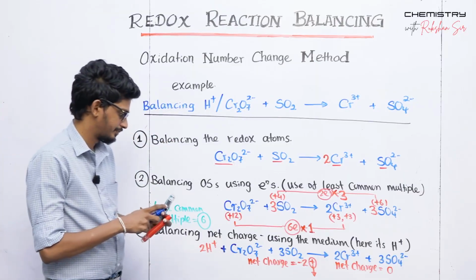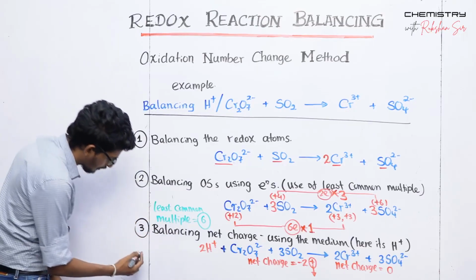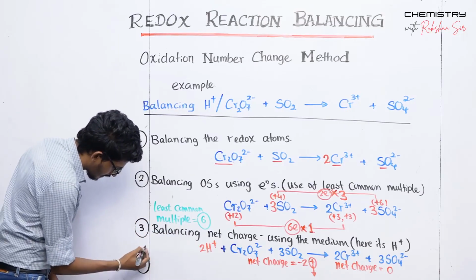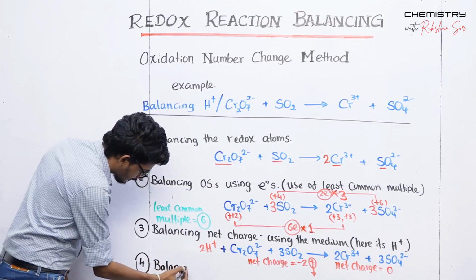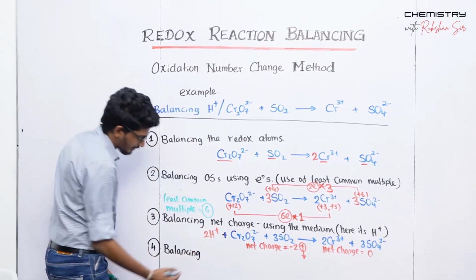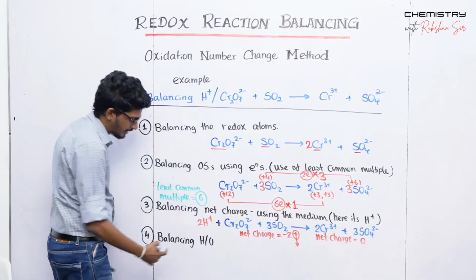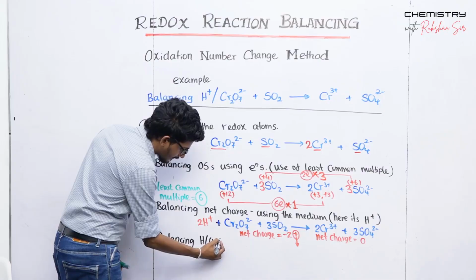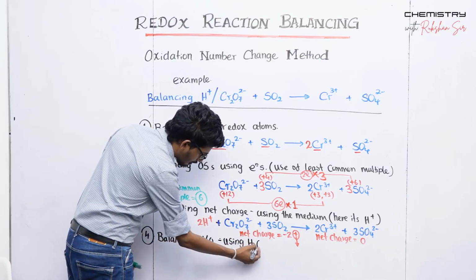Now the fourth step. That is all about balancing hydrogens. Hydrogens or the oxygen. So we can balance the hydrogens or oxygen, anything, right? For that, we use H2O molecules, right?